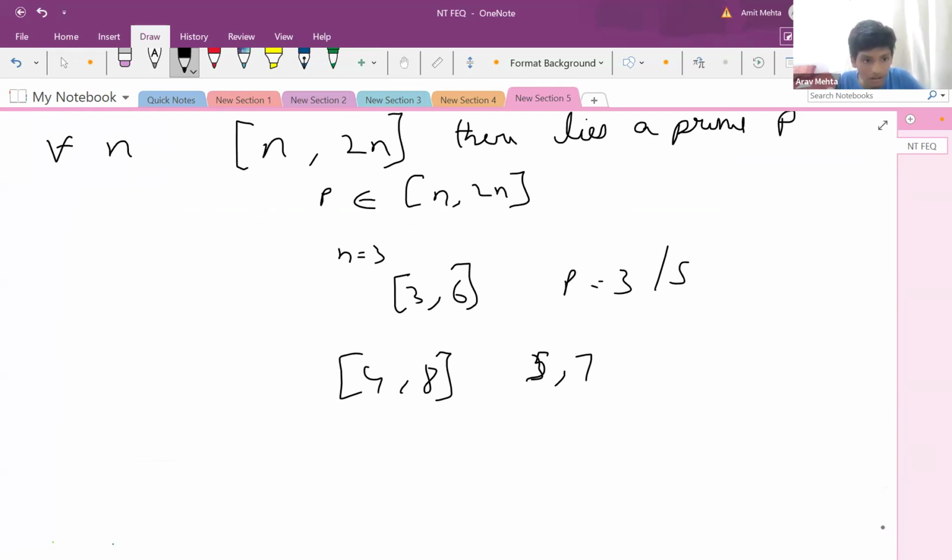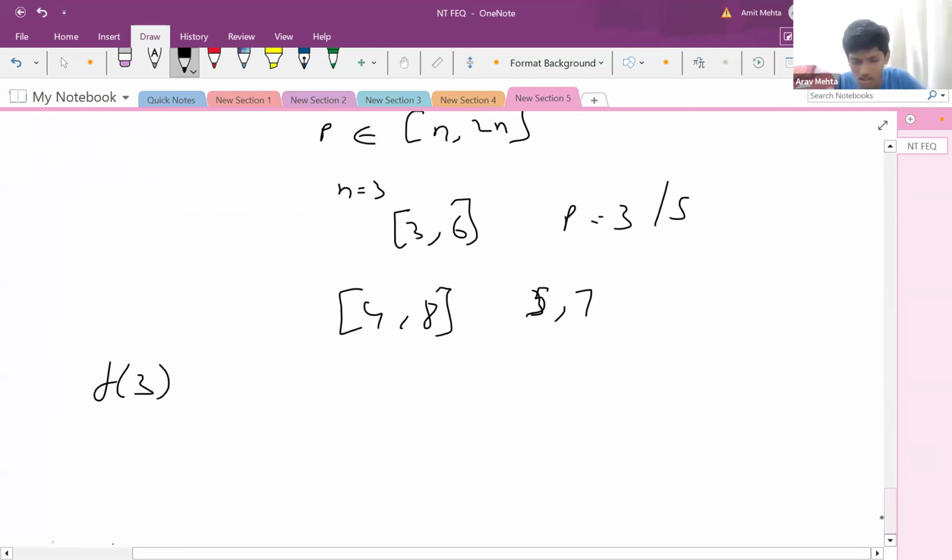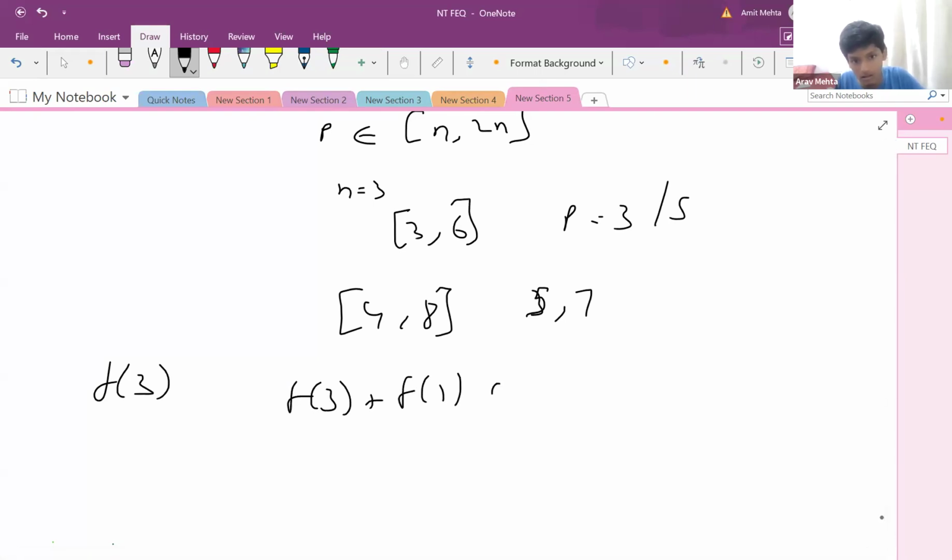Yeah, let's try and find what f of 3 is. This time we have some more equations. We have f of 3 plus f of 1 has the same number of divisors as 3 plus 1 equals 4, and this is just f of 3 plus 1, because f of 1 is 1.